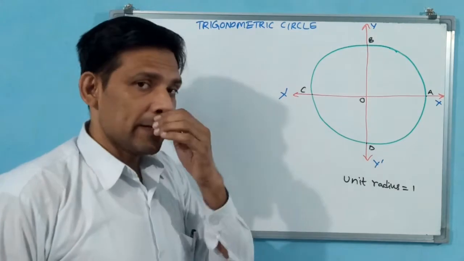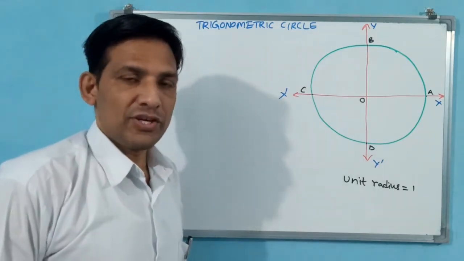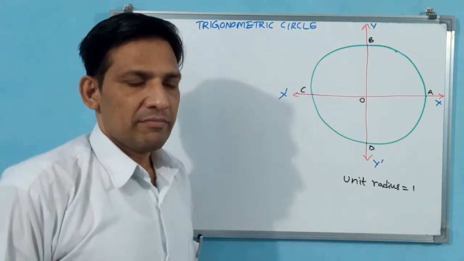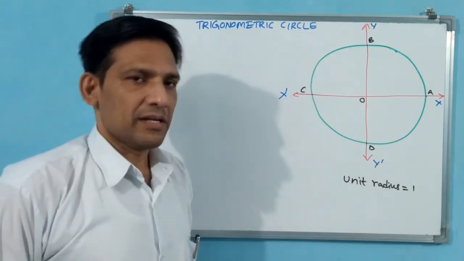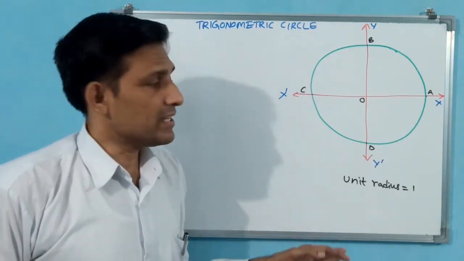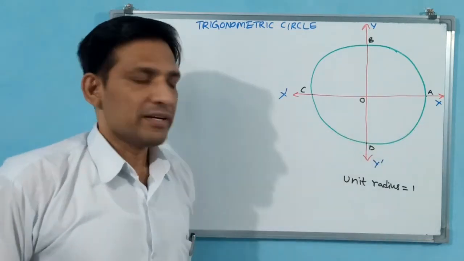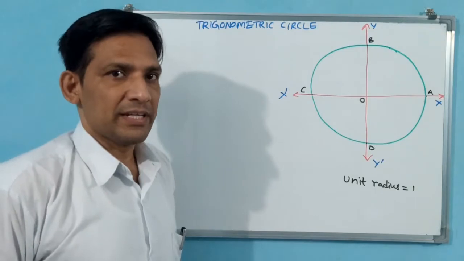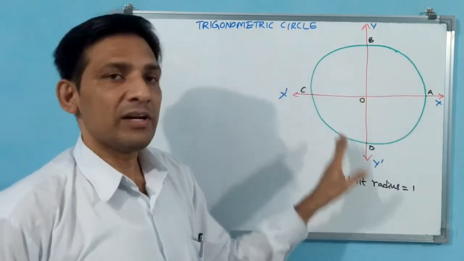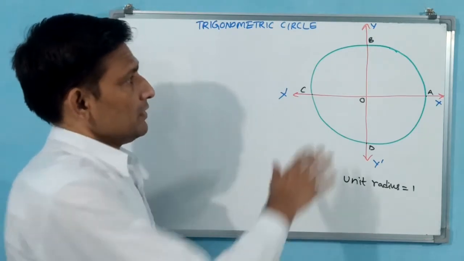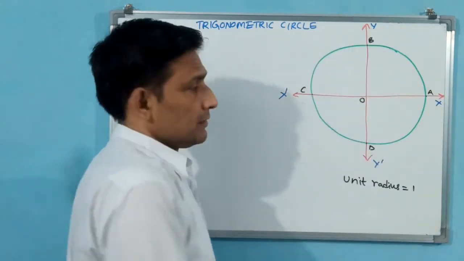See, 1 we can take as 1 centimeter also, 1 millimeter also, 1 meter also. Now I will say for our convenience you take this as 10 centimeter. 10 centimeter as unit you have taken. Then based on 10 centimeter only all results are going to come. Okay. Now you see this is a circle.